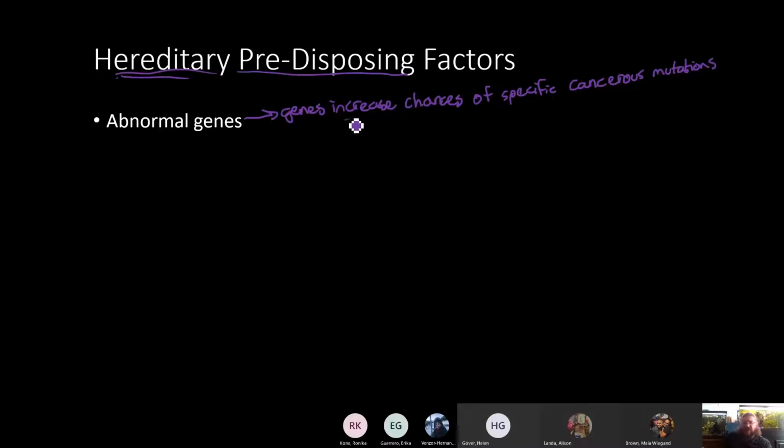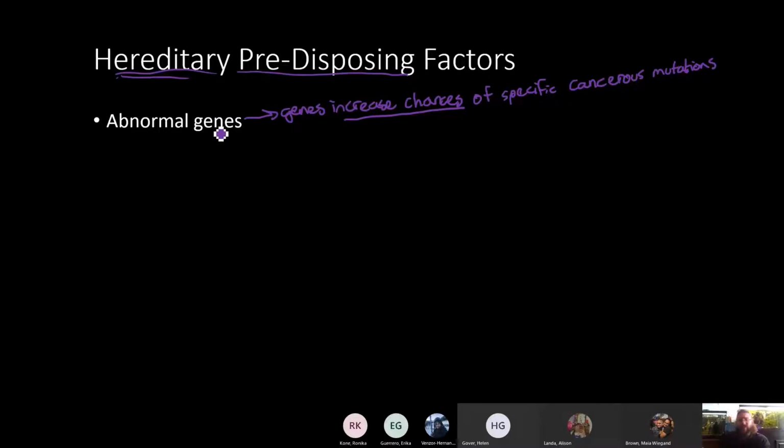So they increase the chances. These are not genes that give you cancer. These are genes that make it more likely that at some point in your life cycle, something will go wrong and you'll get a cancerous mutation.